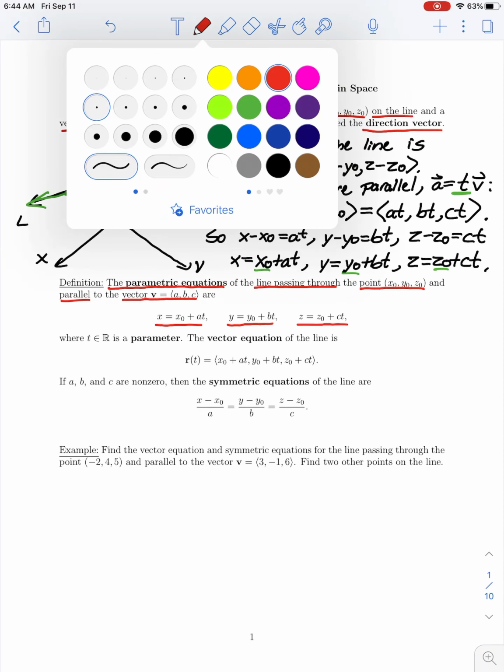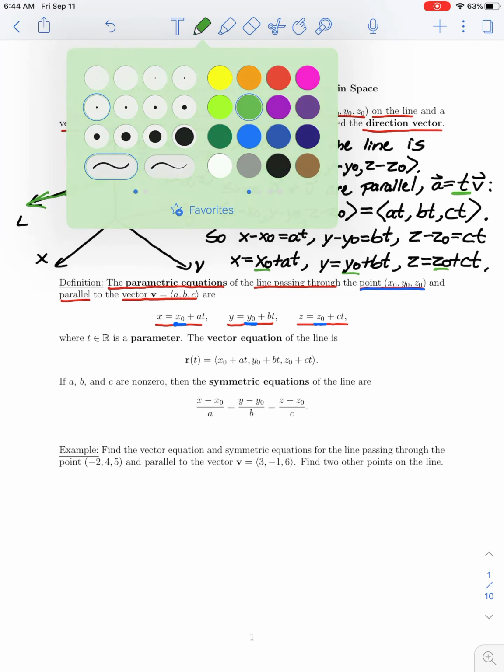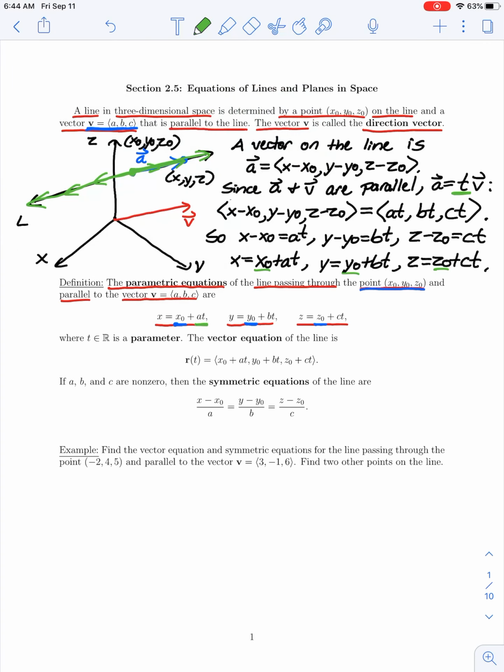One way that you might remember this is, for the x, y, or z equations, you start with the coordinates for the point on your line, x naught, y naught, z naught, and then you add a scalar multiple, t times a, t times b, or t times c, of the components of this direction vector. And the value of t that we're using here is some real number, which is known as a parameter.